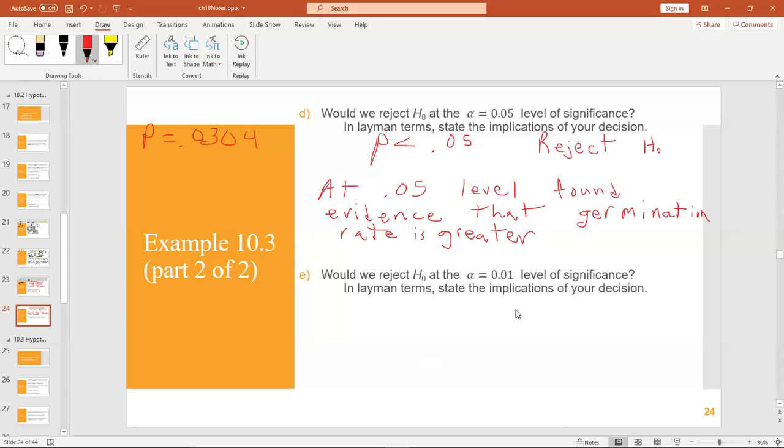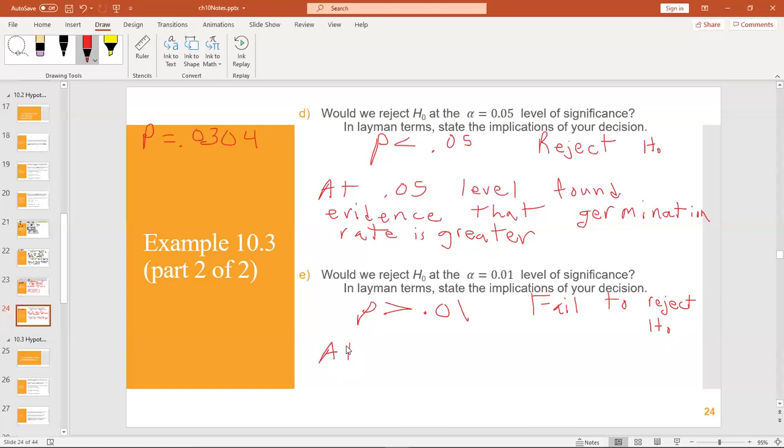Would we reject at the 0.01 level of significance? Well, here, P is actually greater than 0.01, which means you fail to reject. And if you fail to reject, that means you failed to find evidence.